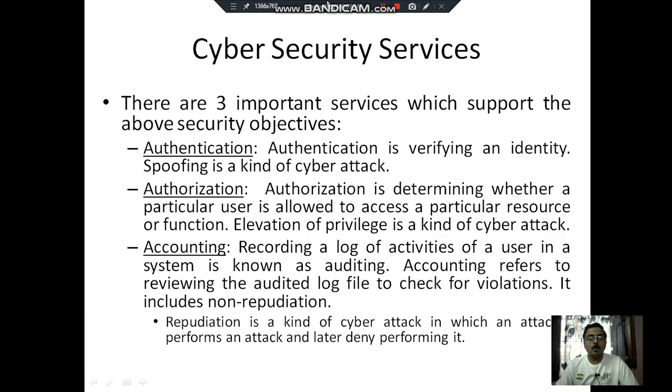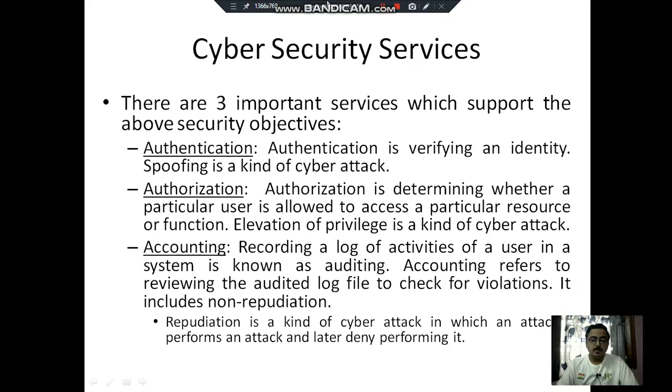So he or she cannot deny that activity. Clear? So these three services have to be secured by cyber security: authentication, authorization, and accounting.